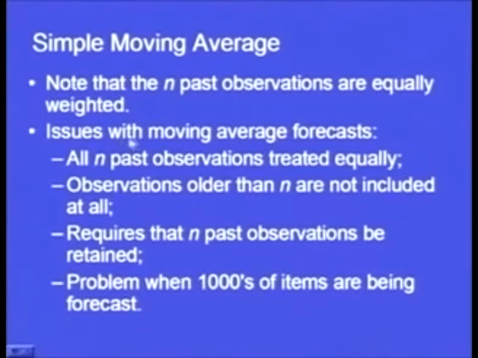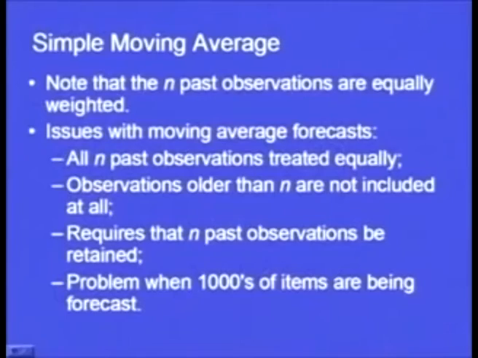Second is the issues with moving average forecast. All n past observations are treated equally. So that is the first point. Observations older than n are not included at all. That I have already told. In simple average, we take the average of the last 10 years, but in moving average, if we say it is a 3 period moving average or 3 years moving average, then we are going to consider the observations of year number 8, year number 9 and year number 10 in order to generate the forecast for the 11th year.